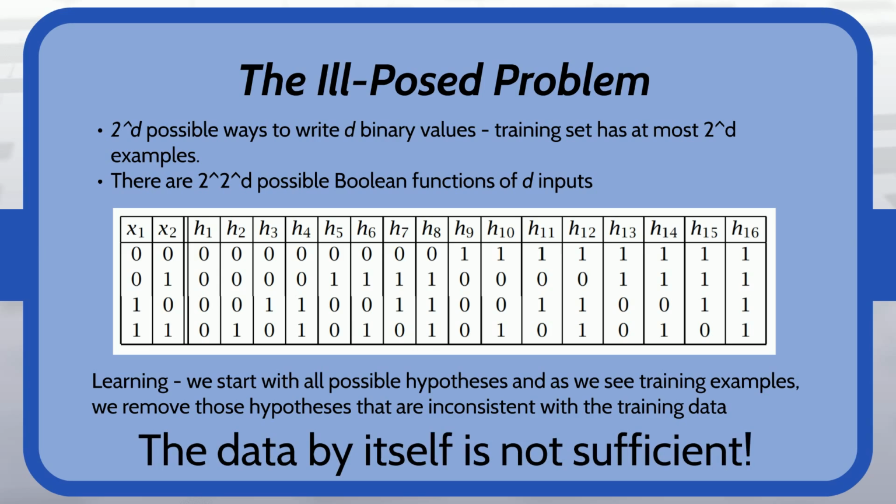The data by itself is not sufficient to find a hypothesis because we would have to see every individual possible point to find a unique solution. This is the ill-posed problem, and this is actually a problem with classification problems and regression problems as well. It doesn't just apply to Boolean functions. In order to find a unique hypothesis, we would have to know every possible value.